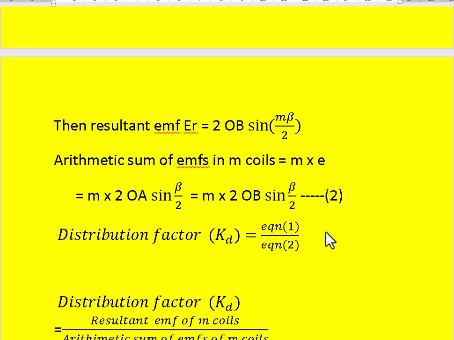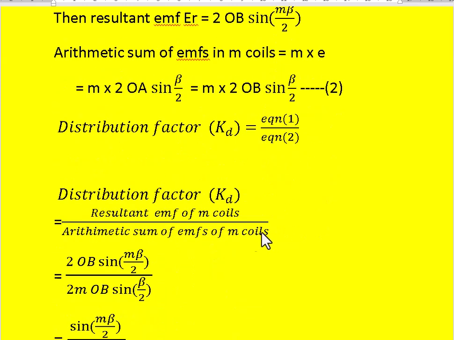And we know the distribution factor is KD, equal to the vector sum of the voltages divided by the arithmetic sum of the voltages. In equation 1, the vector sum of all M coils is calculated, and in equation 2, the arithmetic sum of M coils is calculated.